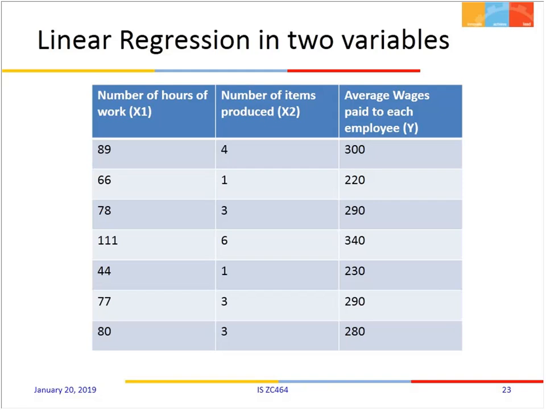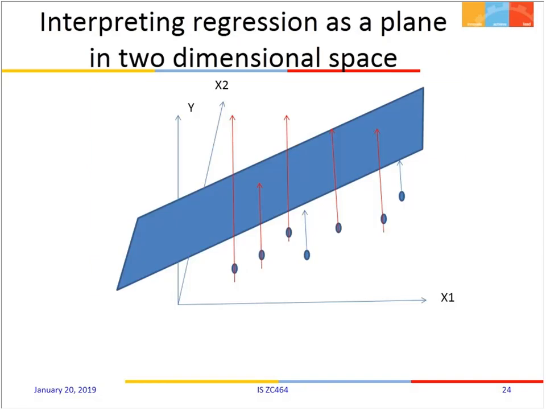When you plot these three-dimensional points, they will be suspended in the three-dimensional Cartesian system, and then you will have to check whether there is a plane passing through most of the points, or which plane will pass in such a way that the squared errors are minimum. Okay, so this is one visualization of the two-variable regression.